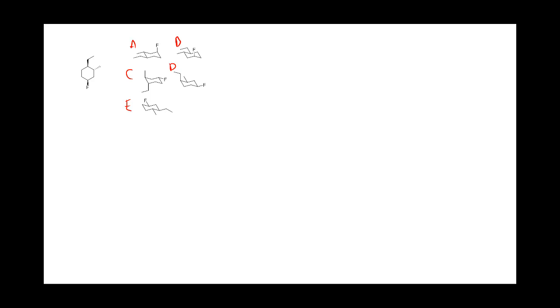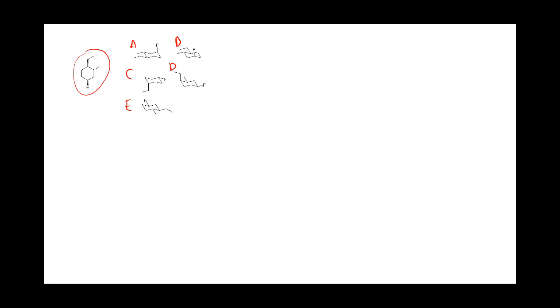So what we need to first figure out is lowest energy conformation. So you're looking at this guy, and you have some options on how you approach this problem. One thing is you could look at A through E and say, well, which ones do I want axial and equatorial, and the other way around. The problem is if I look at A through E, there's kind of a whole mix of things, and it doesn't all make sense.